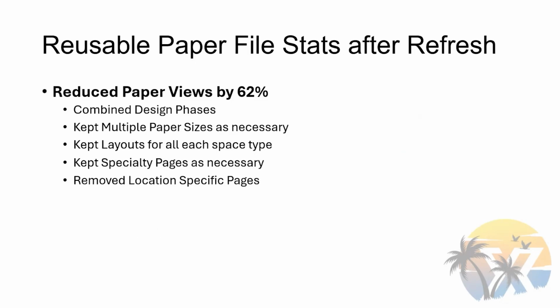And then the final biggest change was getting rid of the location-specific pages. So in an effort to not have a complete copy of the 66 pages that we're now down to, we created all of the sheets to include both logos.